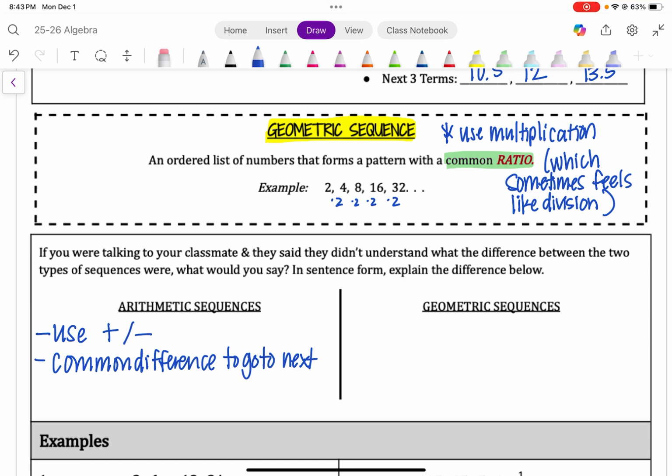And a geometric sequence will use multiplication, and we call it a common ratio. The common ratio takes me from one output to the next.